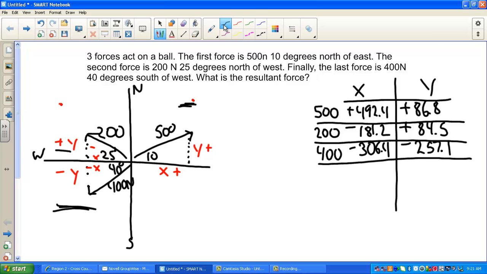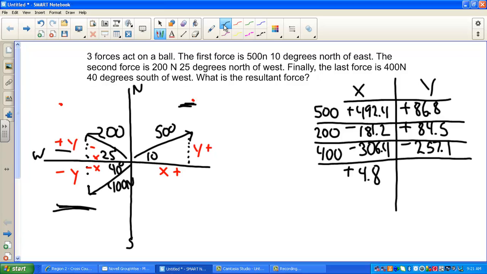Now simply what I want to do is add up the columns over here. So I'll simply say 492.4 minus 181.2 minus 306.4. I get 4.8. That can be positive. I'll indicate that.